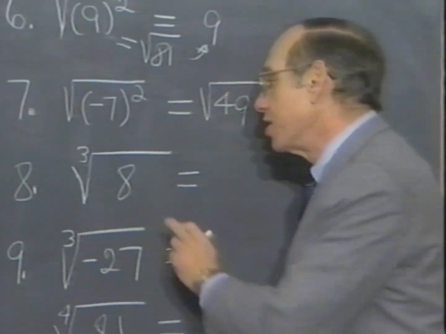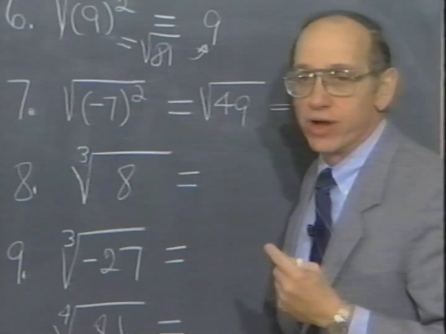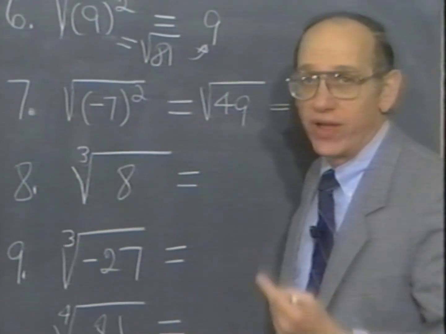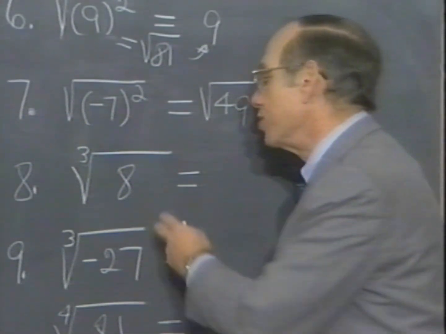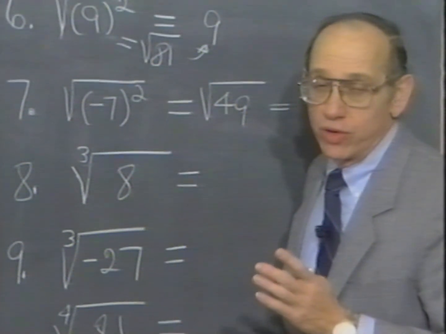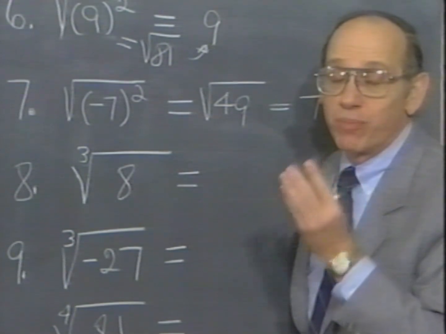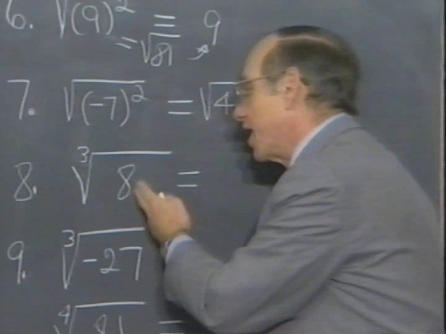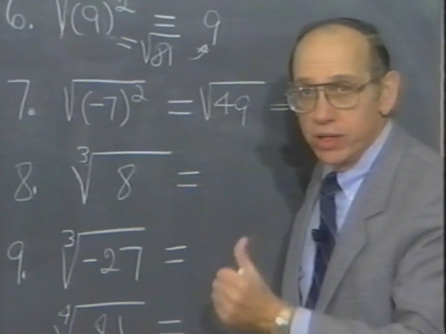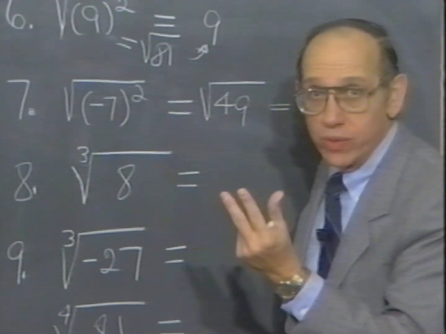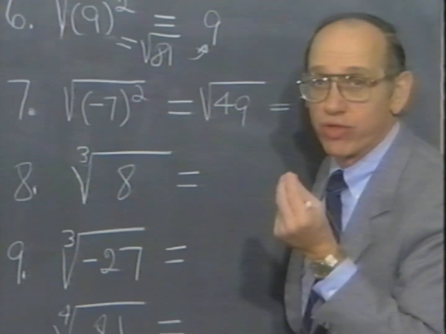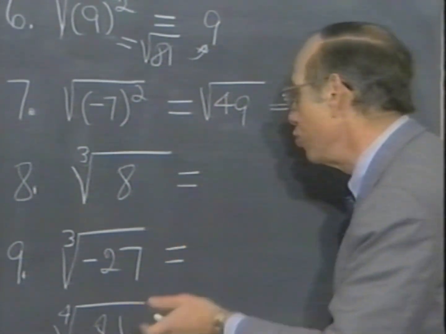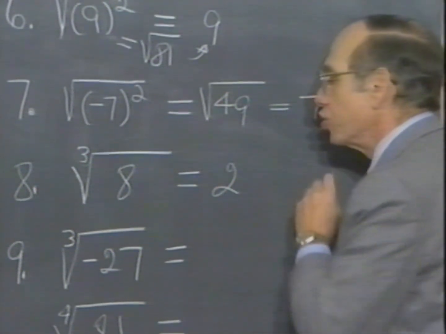In other words, to find the cube root of 8, you're looking for a number which, when multiplied by itself and then by itself again, results in 8. All right? Let's see. What could that possibly be? Well, to get 8, I would have to take 2 times 2 times 2. In other words, 8 is the product of 3 2's, and therefore the cube root of 8 is simply 2.